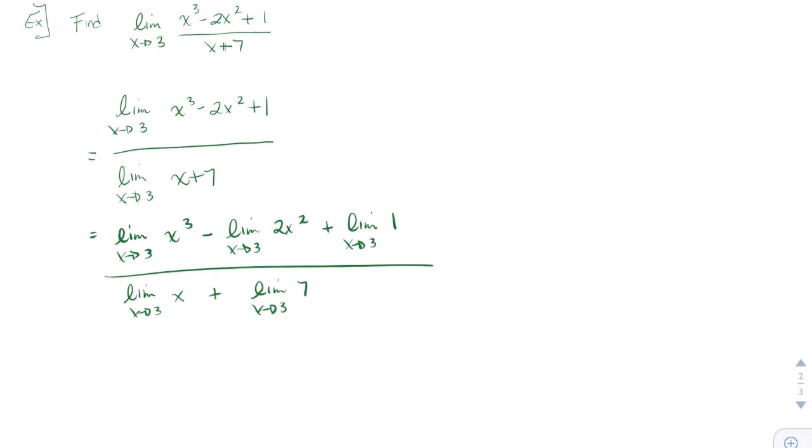I'm going to break it down one more time, again, just to show you all the rules. So the last one that I'm going to show you is the exponent rule.